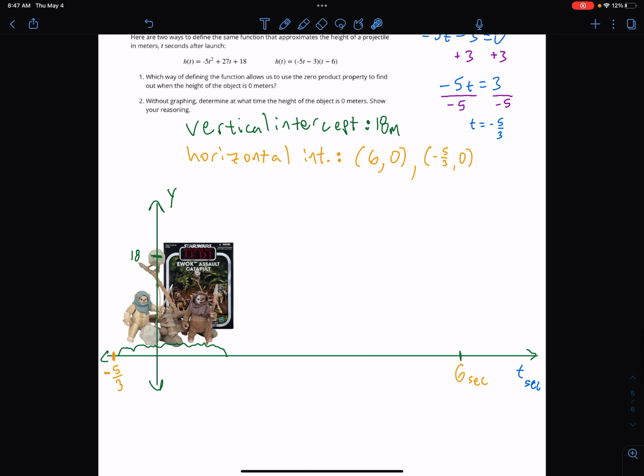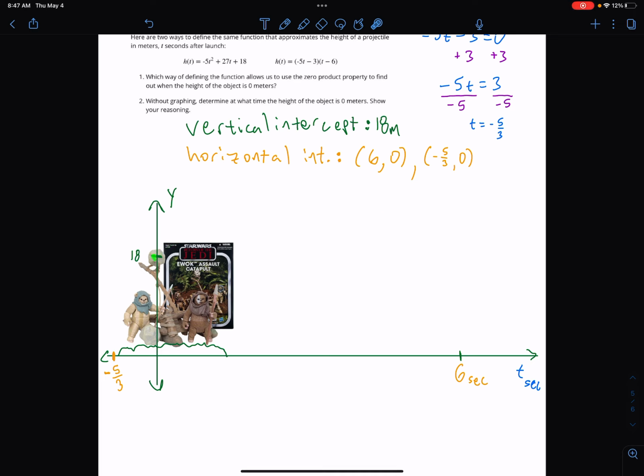All right, let's see. Now, let me tell you something about domain with time. Usually, in most situations, when you're talking about something that's being fired, like a projectile like this, something's being thrown.